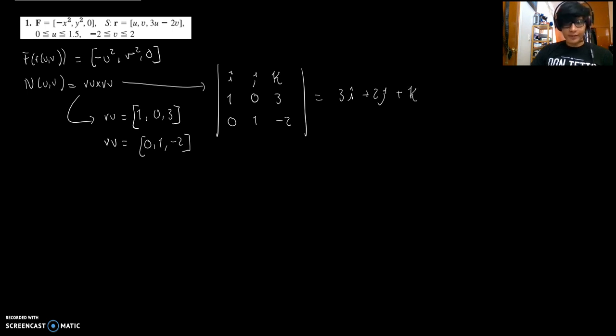If I'm right, that I believe I am, well, now this is minus, and yeah, now this is alright. So the normal vector will be equal to minus 3, 2, and 1.